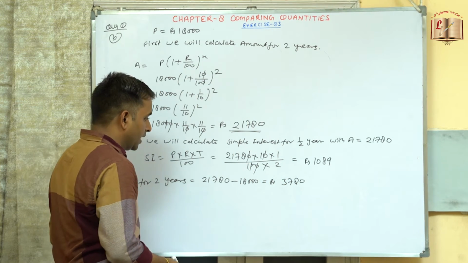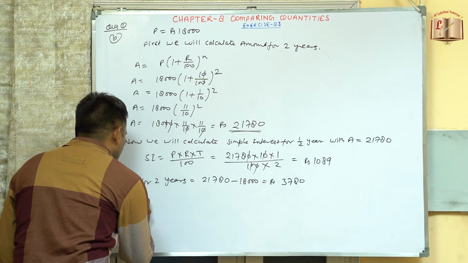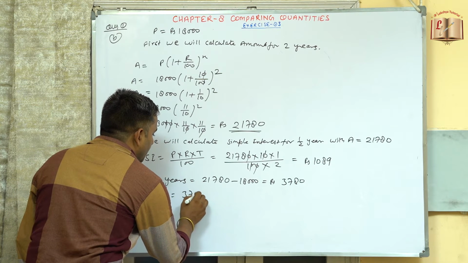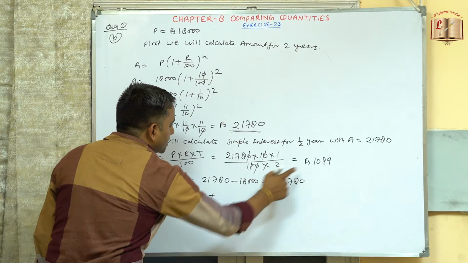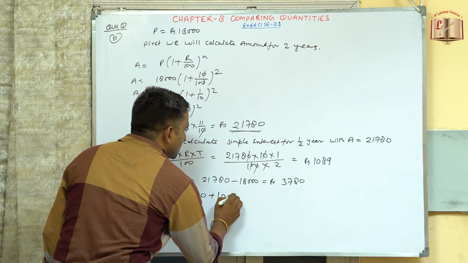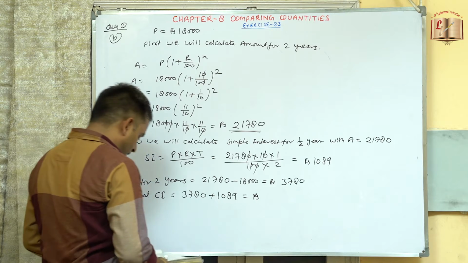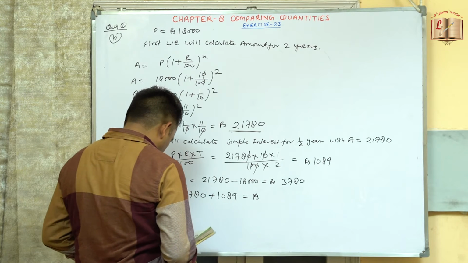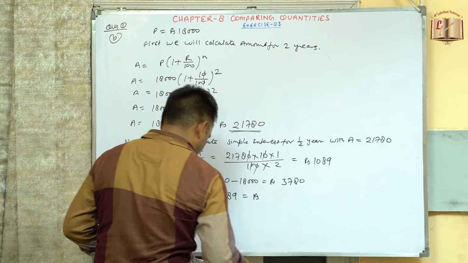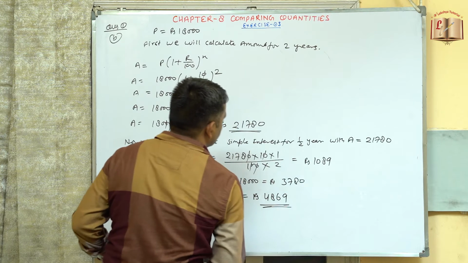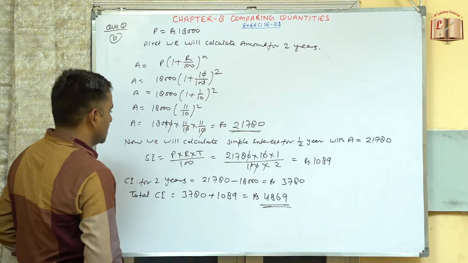So the total CI will be equal to 3780 plus this 1089. We add this up, so we got the CI as 4869 rupees. So this is the total CI.